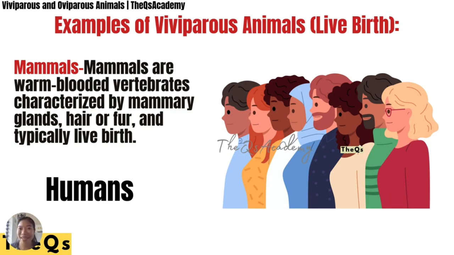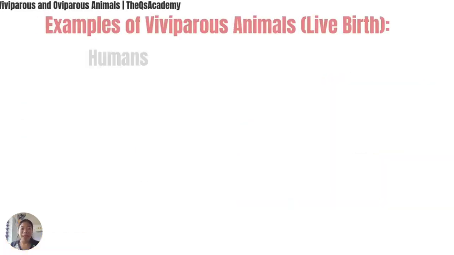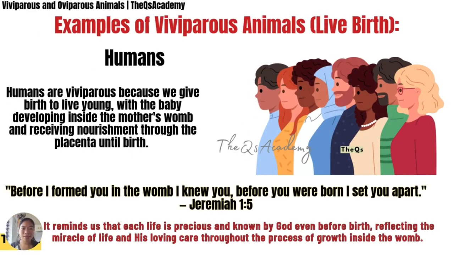We human beings, right? We humans are viviparous because we give birth to live young, with the baby developing inside the mother's womb and receiving nourishment through the placenta until birth.